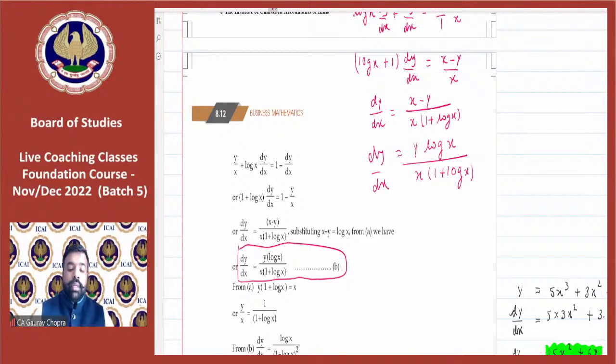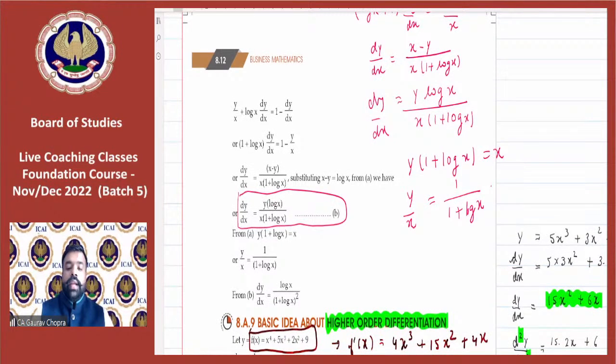Now we have to simply calculate the value in a simplified manner. We can use both the equations, first as well as second. So the first equation was y into 1 plus log x is equal to x. If we divide it, it will become y upon x is equal to 1 upon 1 plus log of x.